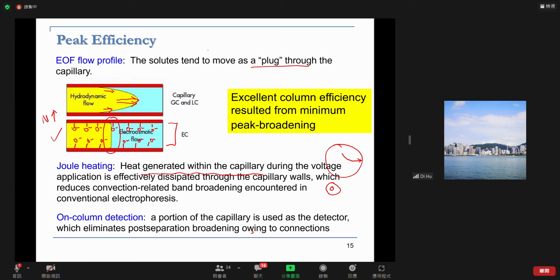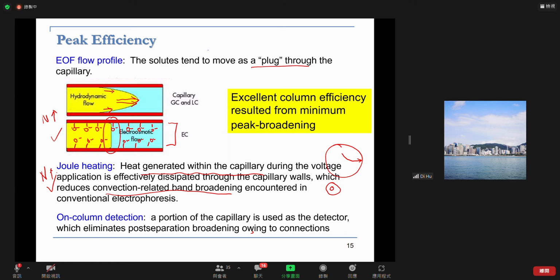That reduces the convection-related band broadening encountered using a traditional wide column, and that can greatly help the peak efficiency and increase resolution. Because of the capillary, they more effectively dissipate the Joule heating generated inside the buffer medium due to the high voltage, and that reduces the convection-related band broadening, so that increases the separation efficiency.